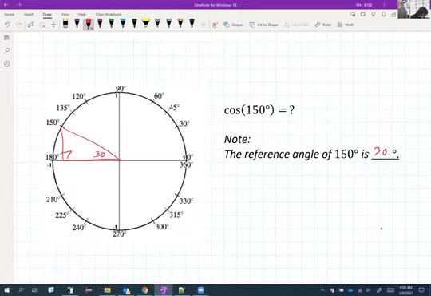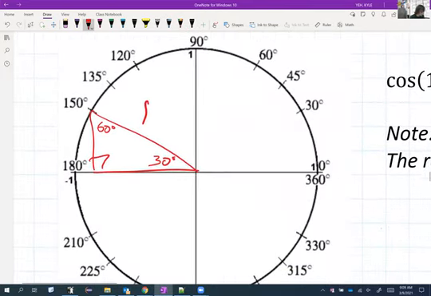Well, that tells us that this also is a 30, 60, 90 triangle. And because we're on the unit circle, we know the radius is 1, which means the shorter edge is 1/2, and this longer edge is root 3 over 2, except it's going to the left, right? That x side is going to the left, so negative root 3 over 2.